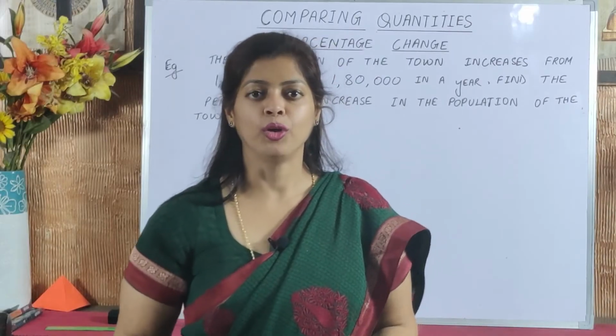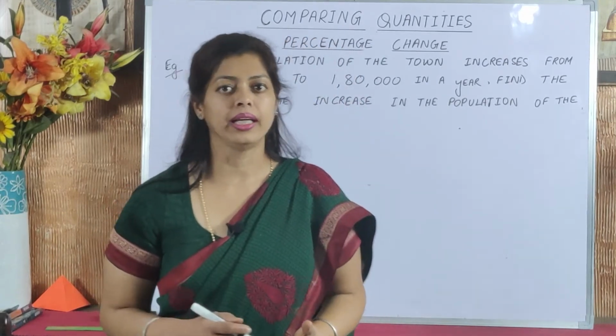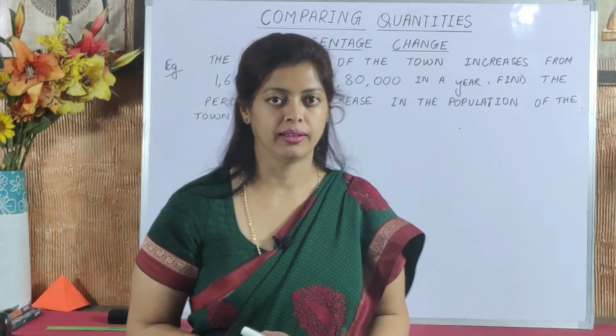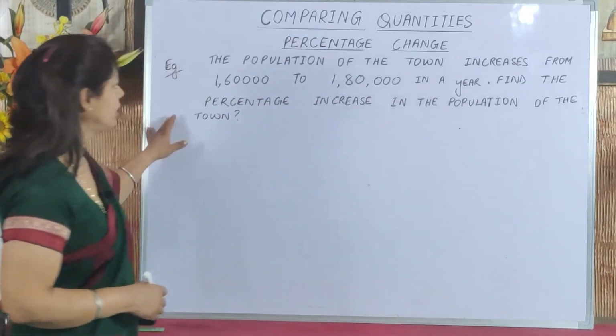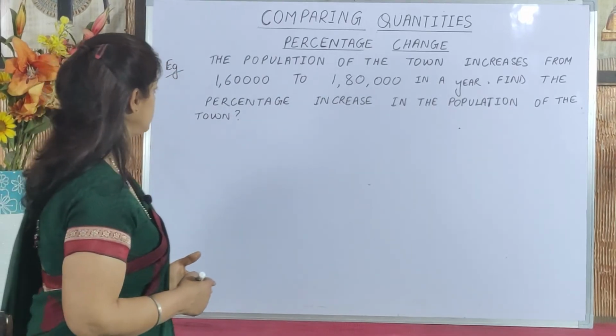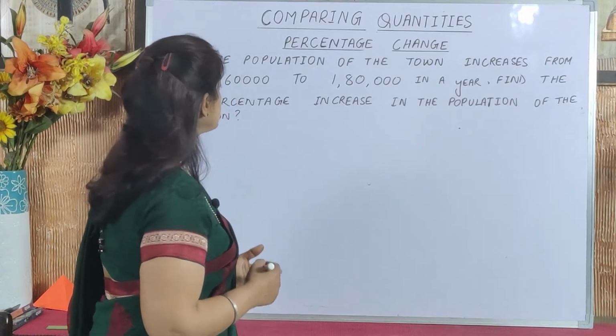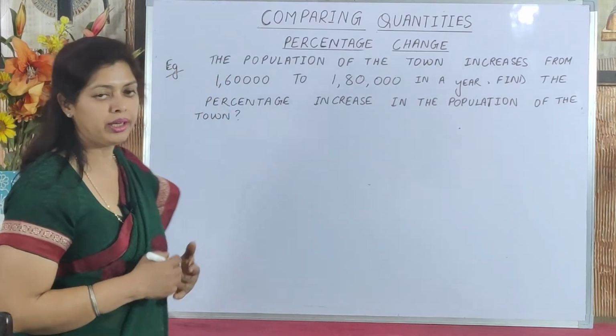Now sometimes you will be required to find the percentage increase and the actual increase will be given to you in the question. So here is another question. The population of a town increases from 1,60,000 to 1,80,000 in a year. Find the percentage increase in the population of the town.